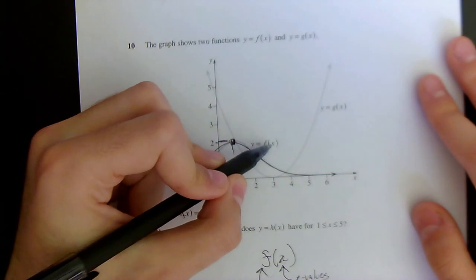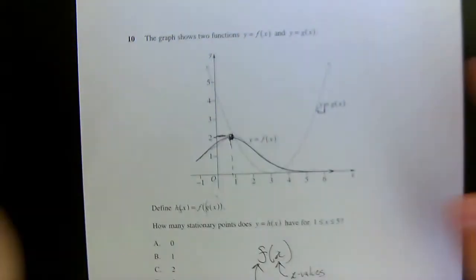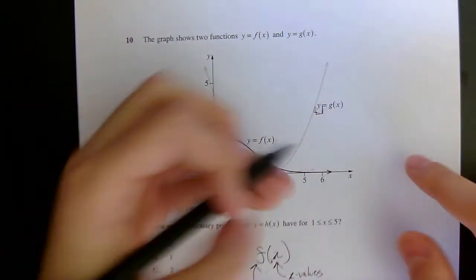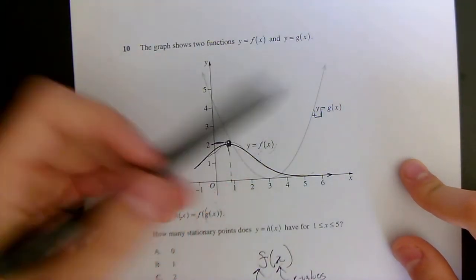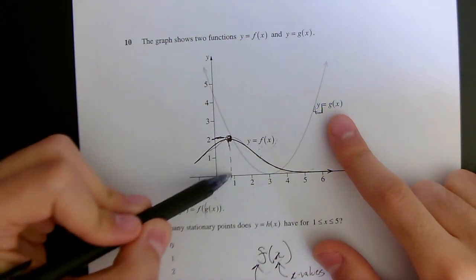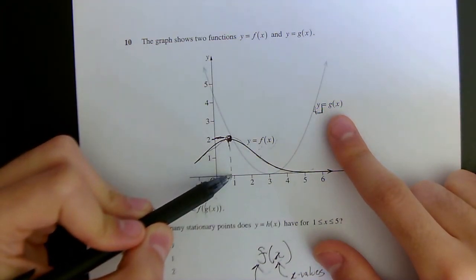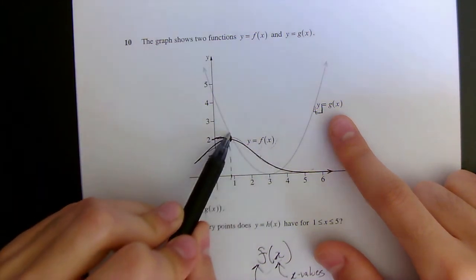It's going to be g of x. And what's g of x? G of x is the y values. Okay? Because we're saying y equals g of x. So we're putting in the y values. Which means I need a y value of g of x a little bit less than 1, because any of those values which I sub into my f function will result in this stationary point.